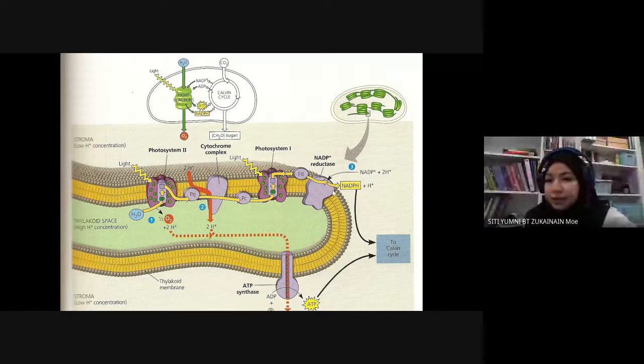Notice in this figure, hydrogen ions are being pumped out from the stroma into the thylakoid space, from here to the thylakoid space.